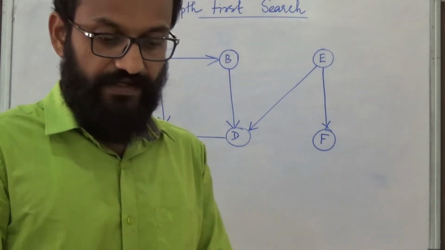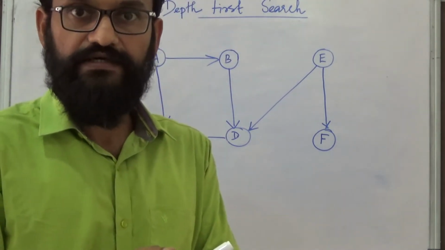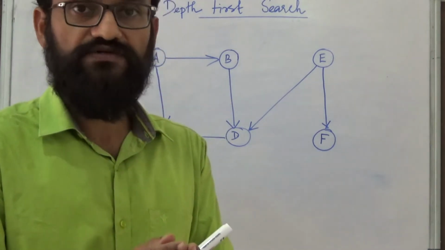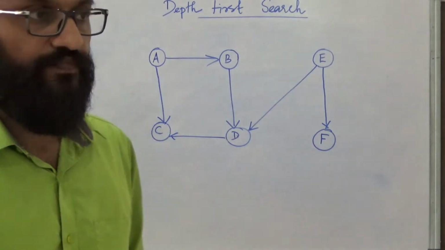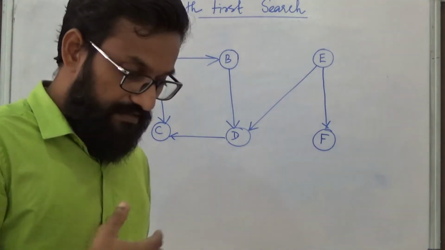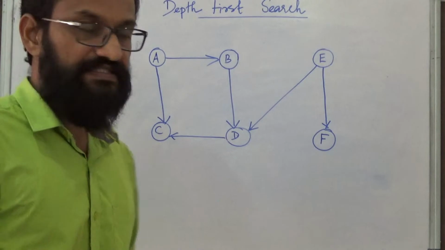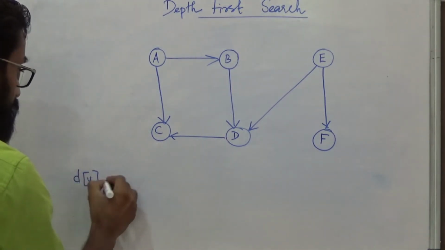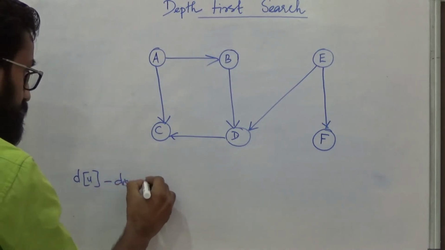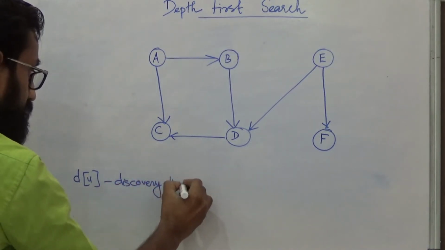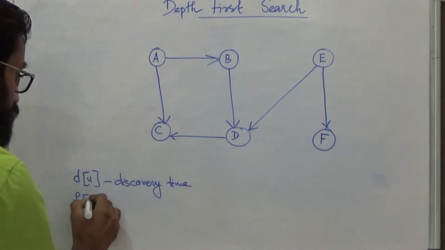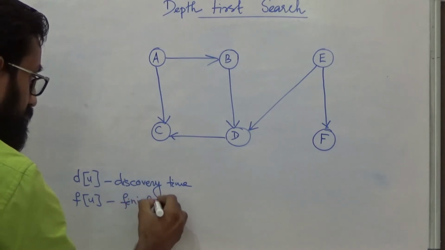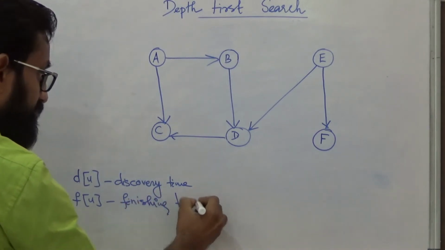If I consider a particular vertex V, if you discover V from U, then predecessor of V will be set as U. And again, this algorithm uses two timestamps. One is d[U], that is discovery time, and another one is f[U], which is finishing time.